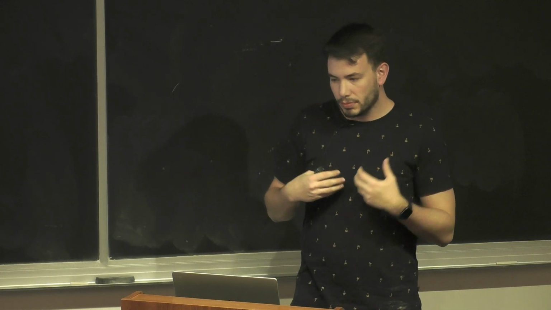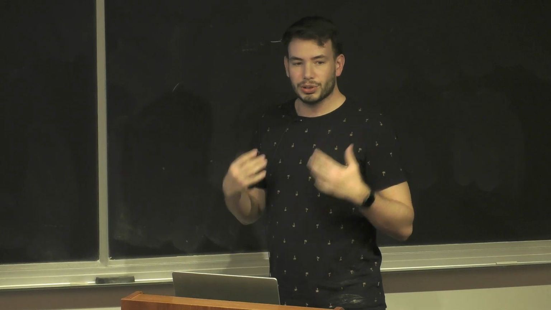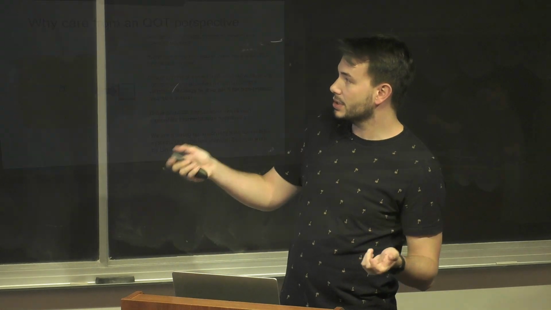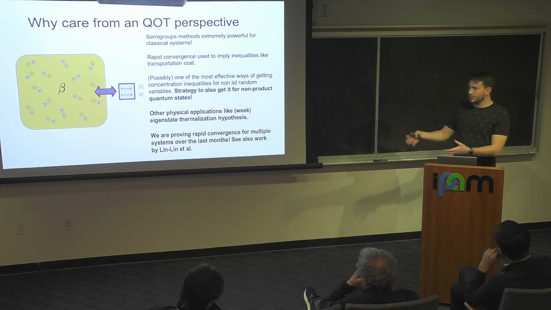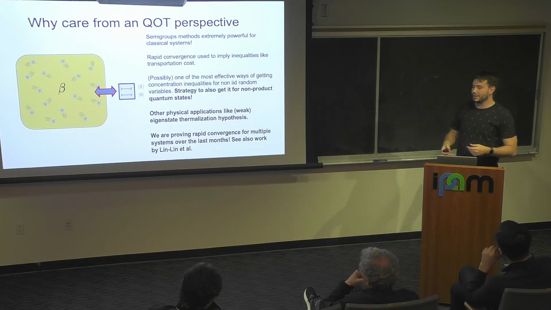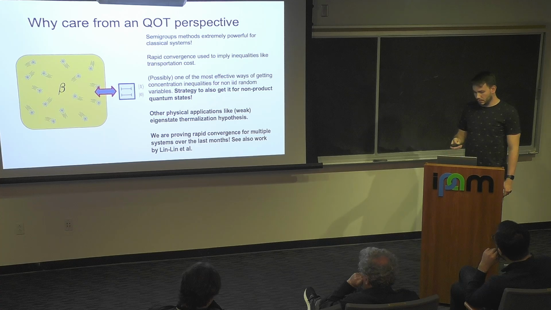And this field is now progressing rapidly. So I think this should also motivate people who are coming more from this quantum optimal transport perspective to see if we can ride this wave and get some nice functional inequalities from these new proofs and new semigroups, okay?